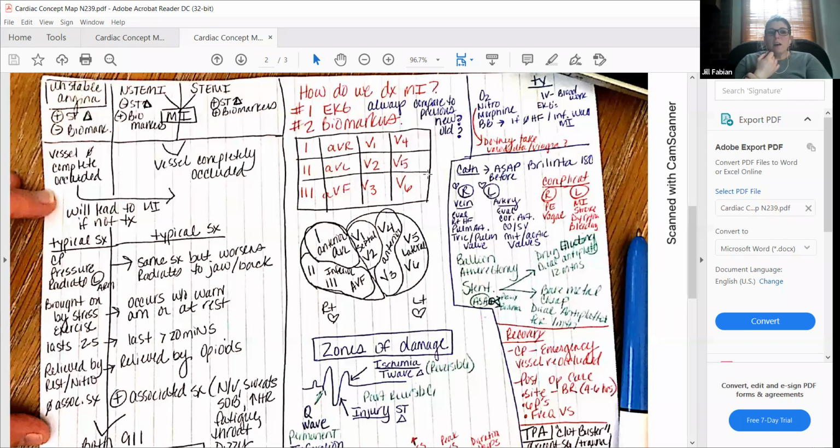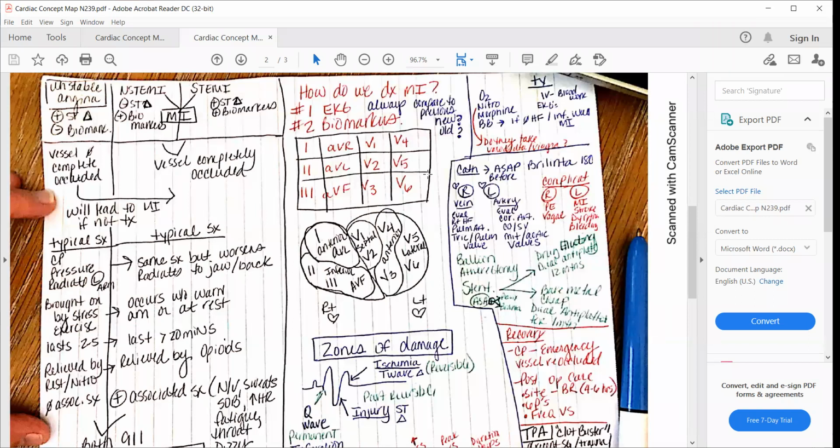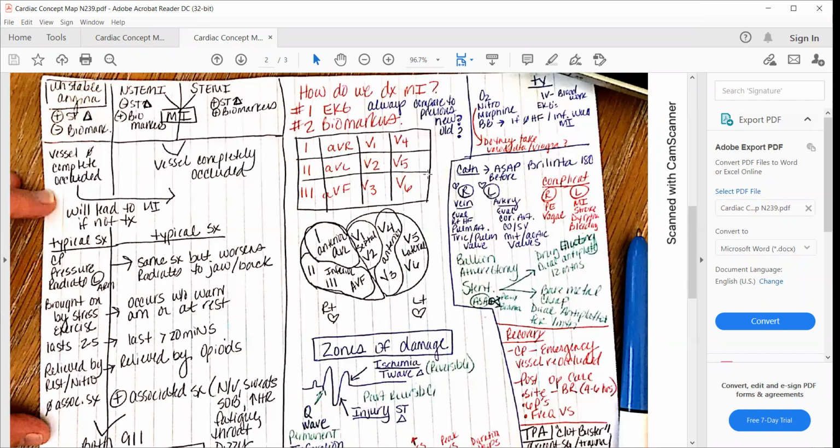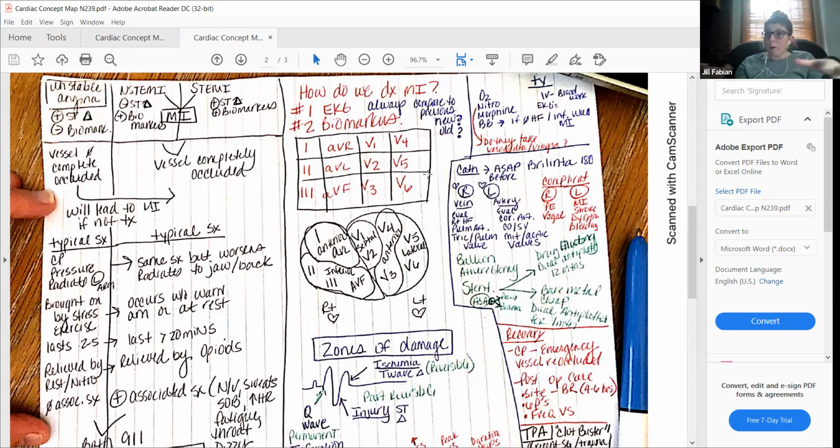So a defining characteristic between the two. I mean, you're not going to have any questions on this test about stable, but just for knowledge purposes as a nurse, stable angina patients are usually patients who have been worked up and they've already had a heart cath.